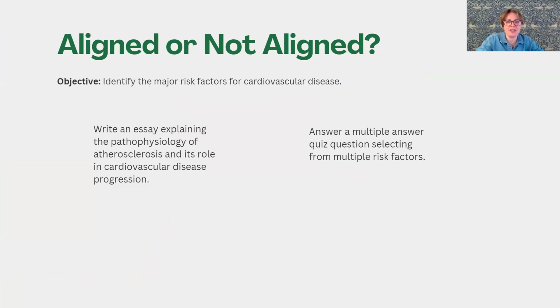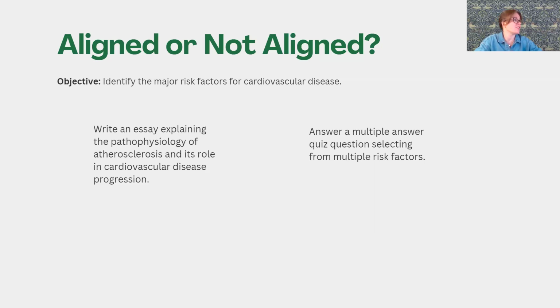I thought we'd just do a fun little interaction to begin with. Determining whether or not a brief wording of an assessment is aligned with the stated objectives. So what do you all think? Objective: identify the major risk factors for cardiovascular disease. You have 2 potential assessment tasks.